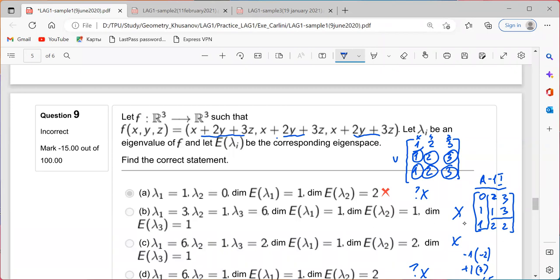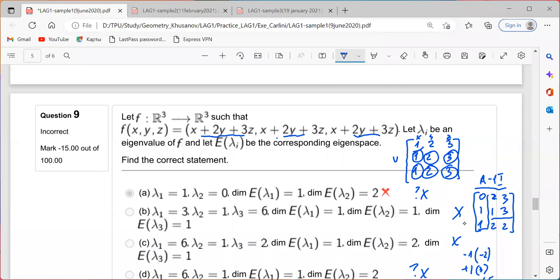So it means that the number of solutions will be infinity squared, or the dimension will be equal to, in this situation, the dimension of solutions will be just 2, because it depends on 2 parameters.